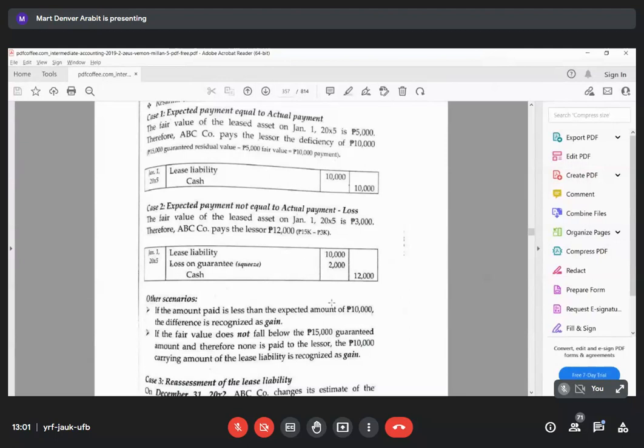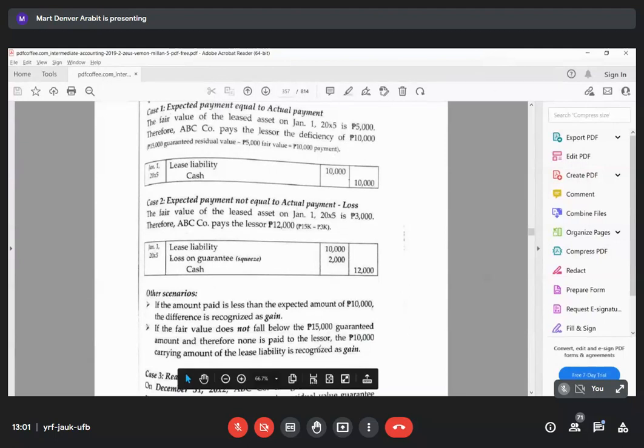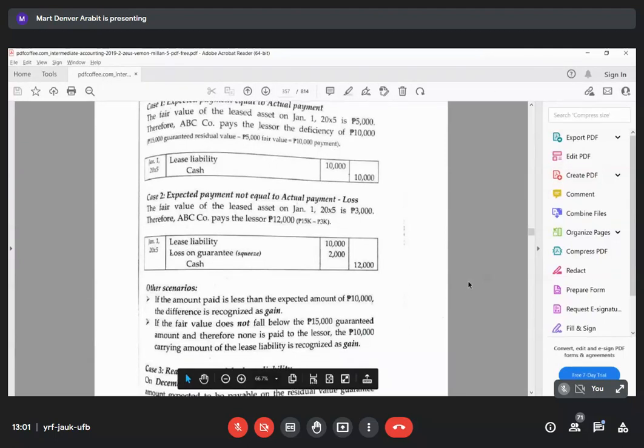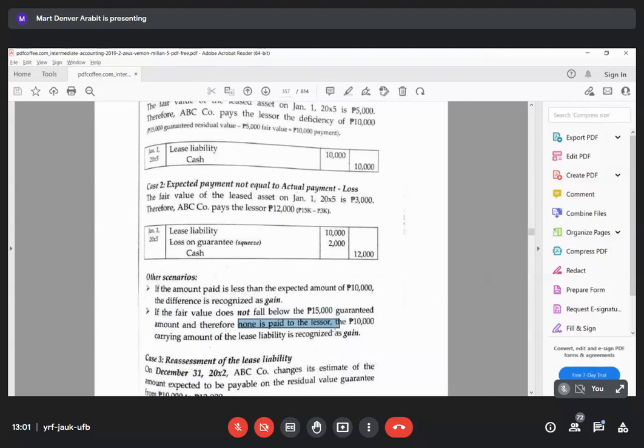Hindi magbabayad si lessor. So, nothing will be paid. If the fair value does not fall below 15,000 guaranteed amount, and therefore, none is paid to the lessor. And at the same time, hindi rin magbabayad si lessor kay lessee for the difference. Okay? So, the best that the lessee can do is to recognize the whole expected payment amount as a gain.